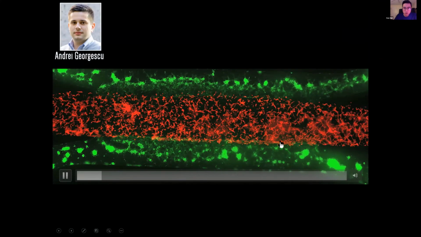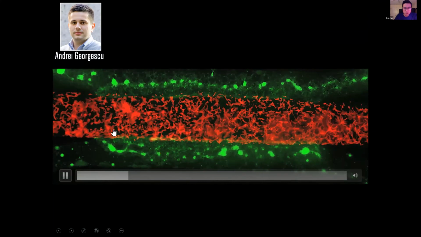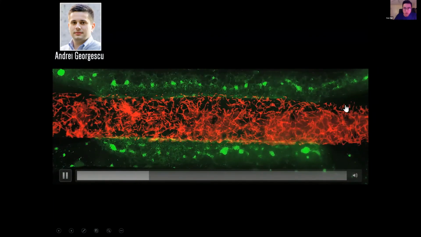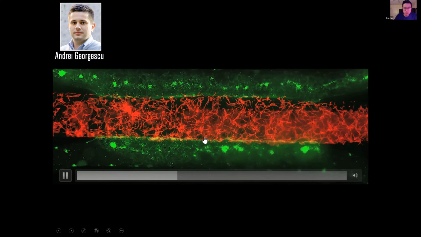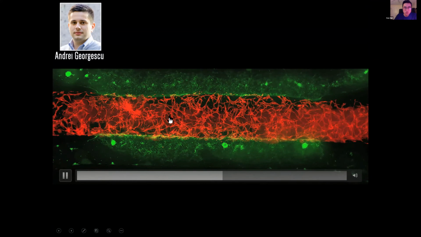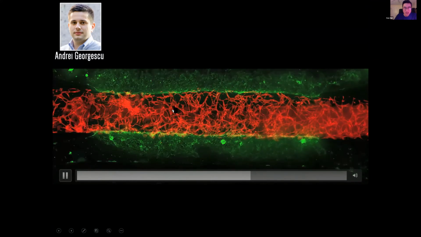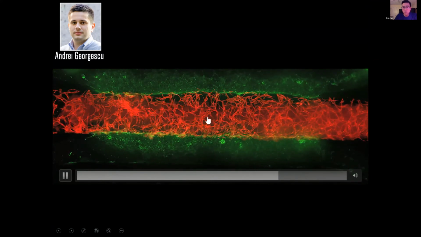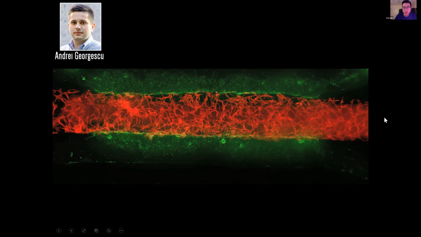If you look at this middle compartment, this is an overview of a channel. This middle compartment is where the endothelial cells expressing red fluorescent protein are residing. Over time they spread, but they also start connecting with one another to form 3D vascular structure. This is a sped up movie.